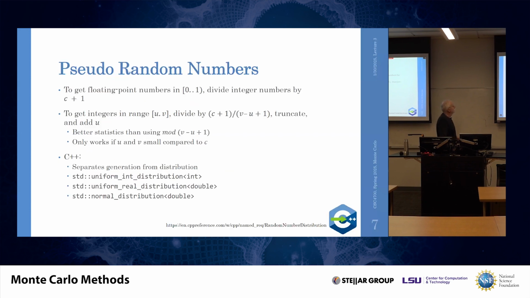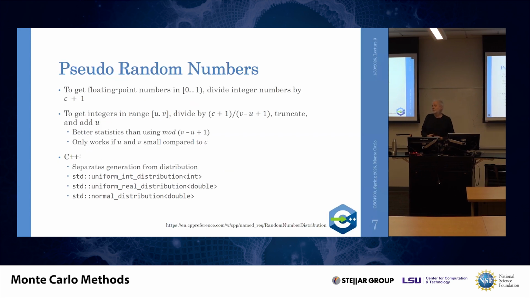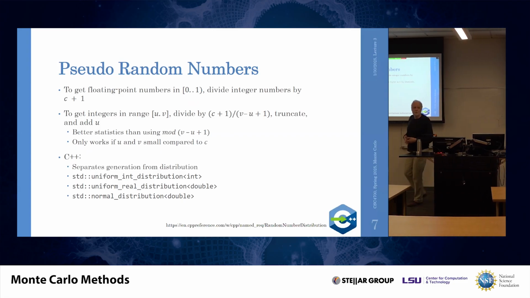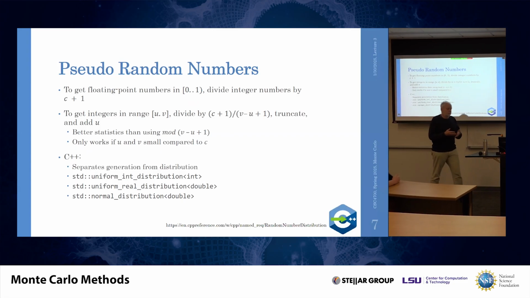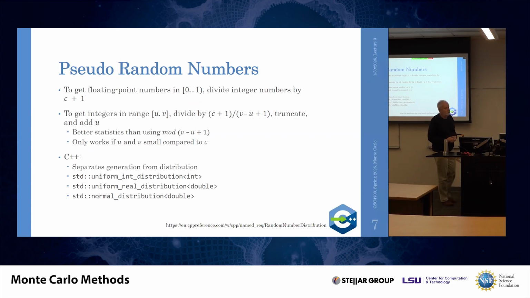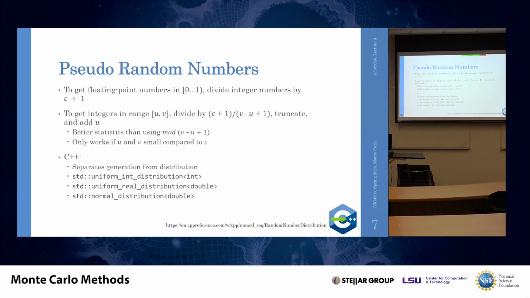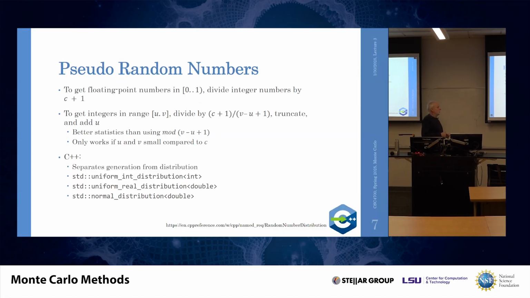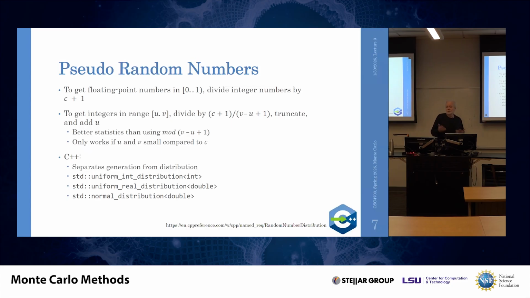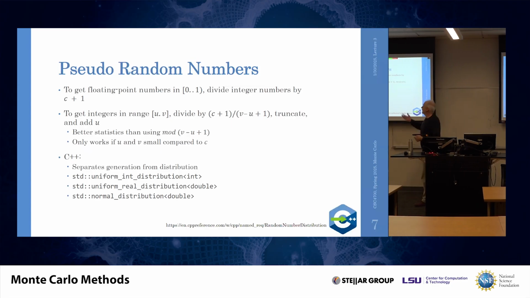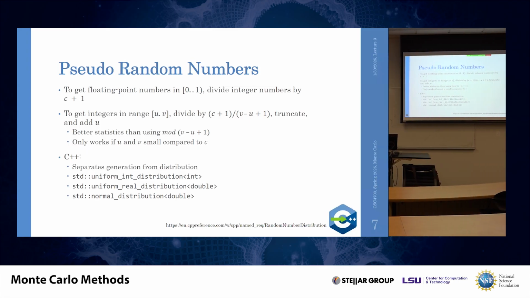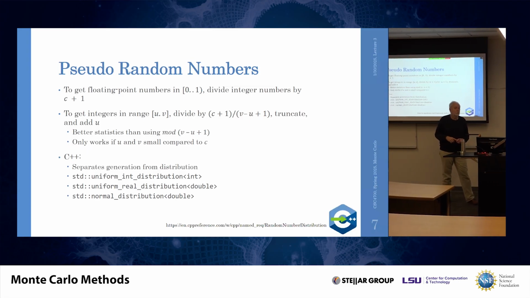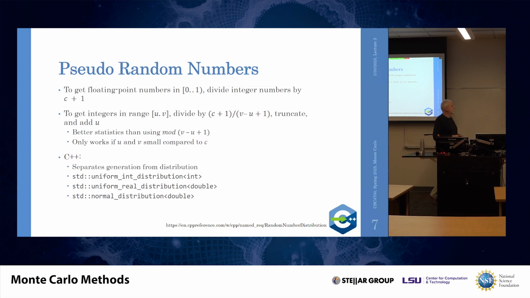So people do other things. But let's assume we have a generator that gives us a random number between 0 and a certain upper constant C, and these numbers are evenly, uniformly distributed in between. Then we certainly can get, for instance, floating point numbers in a range of 0 to 1 just by dividing the integers by C plus 1, and that gives us a floating point number in the range between 0 and 1.